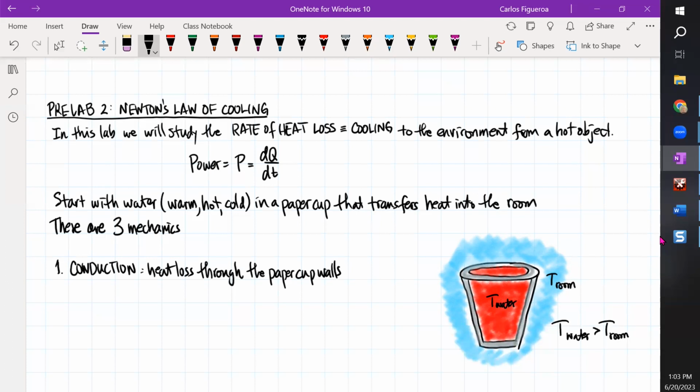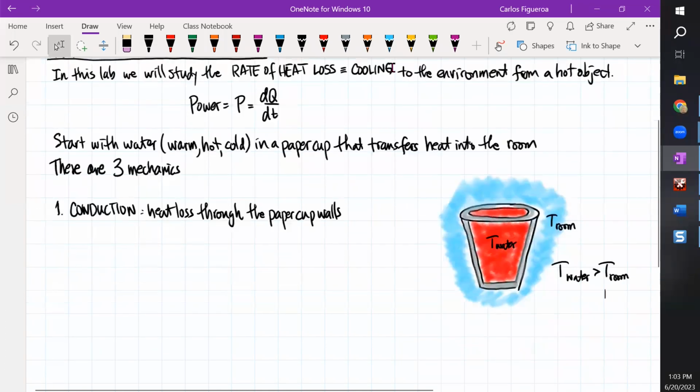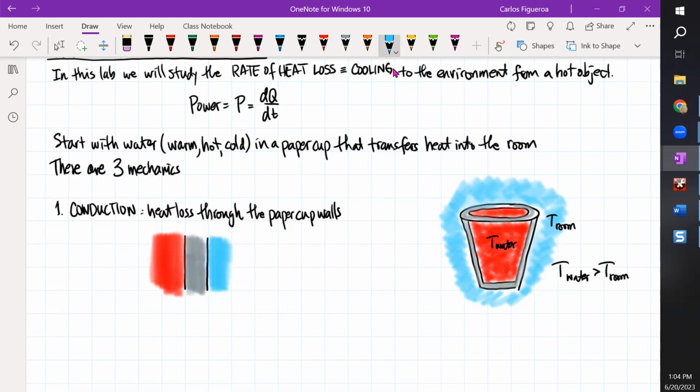So what do I mean by that? So if I look at heat conduction, we don't want to get too much into the details, but here's what we're seeing here. I have a thickness of the paper cup wall. And on one side, this is the hot water, and on this side, there's the air.